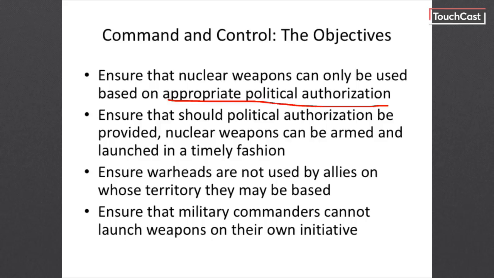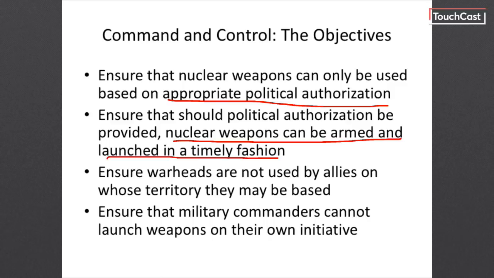Secondly, we need to ensure that should political authorization be provided, nuclear weapons can be armed and launched in a timely fashion. It doesn't do any good if you get political authorization after 2 days. The whole idea is that the system can actually launch nuclear weapons fairly swiftly after you have that political authorization.